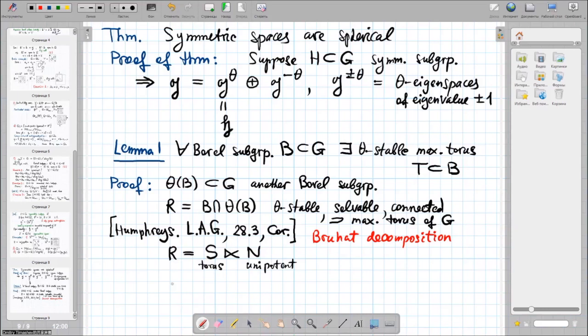So if we apply theta, we get another maximal torus in R, because R is theta stable.